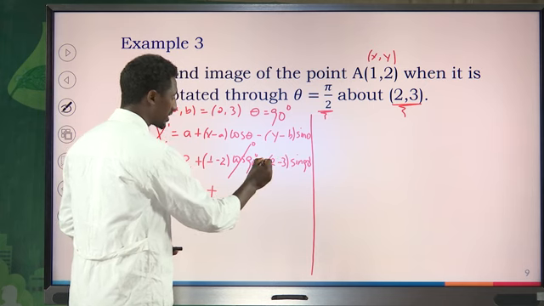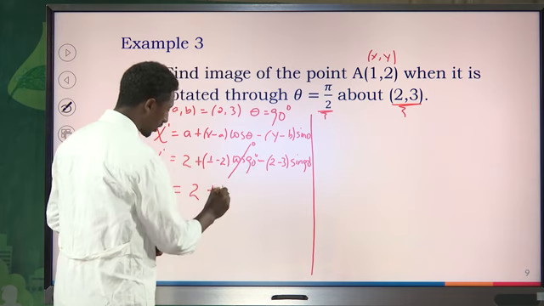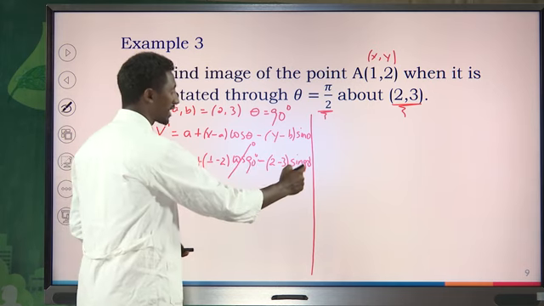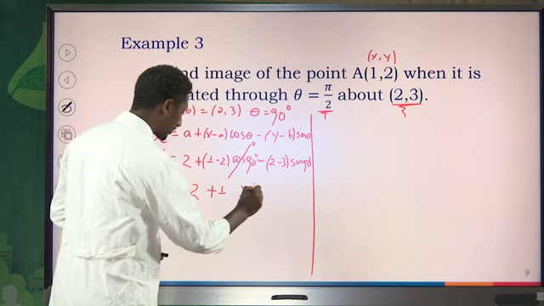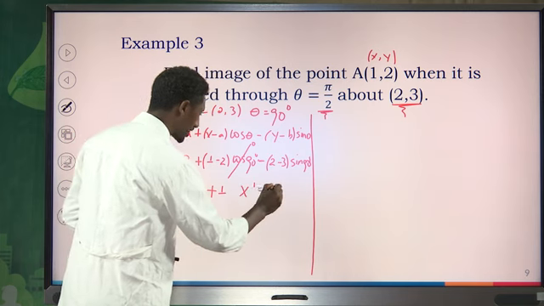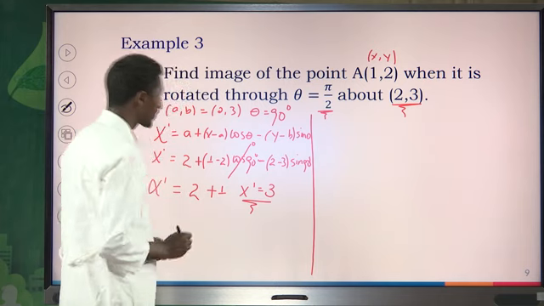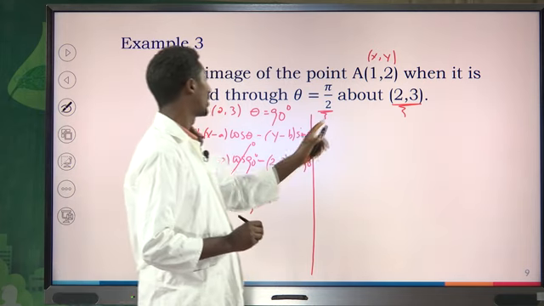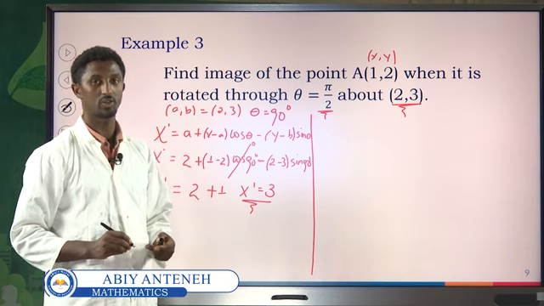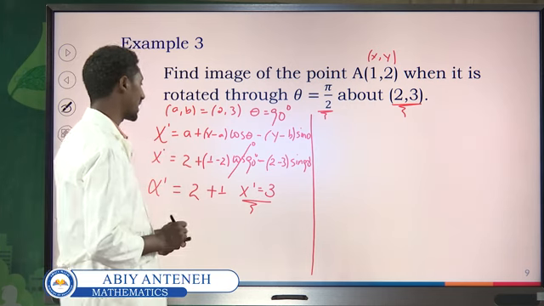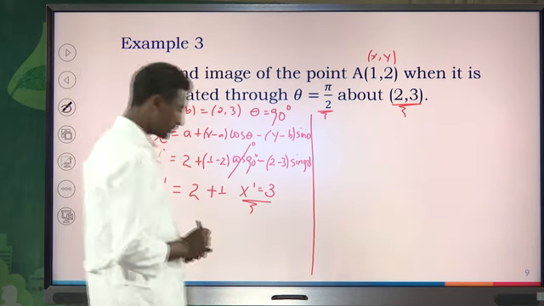Minus 1 times this minus is plus, so 1 times sine of 90 degrees is also 1. So x prime equals 2 plus 1, which is 3. So the x coordinate of the image after it is rotated through pi over 2 about (2, 3) is 3.